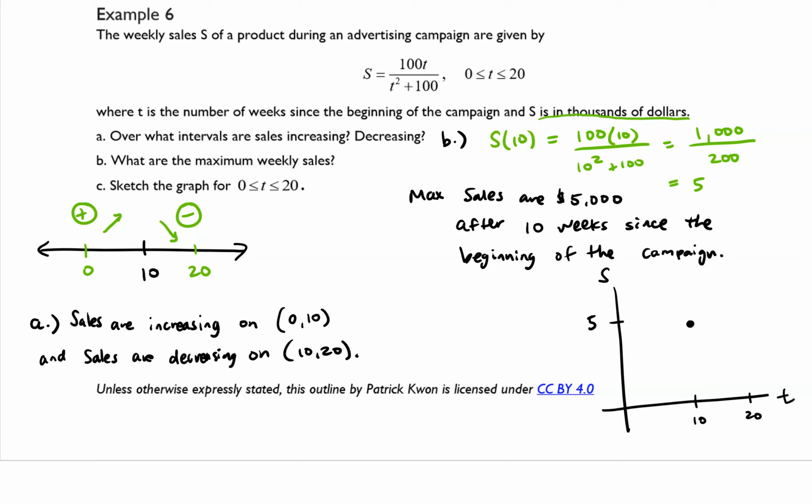If you evaluate S of 0, and I'll let you verify this on your own, S of 0 is equal to 0, and S of 20 is equal to 4. So if I plot those points, let's say 4 is right there. If I graph that, it's going to look something like that. And that completes example 6.